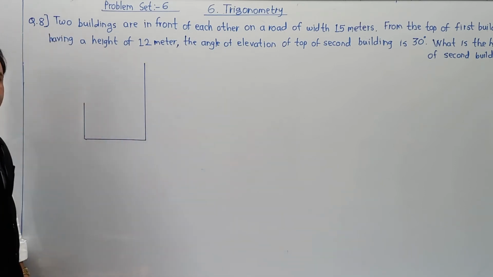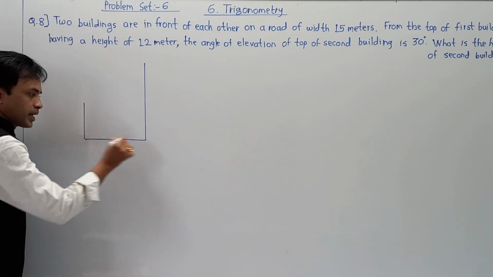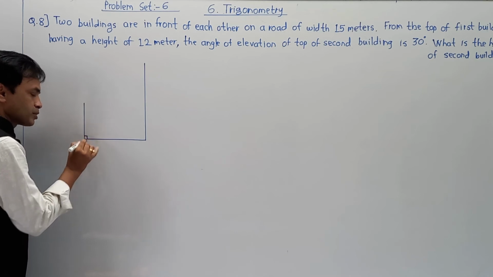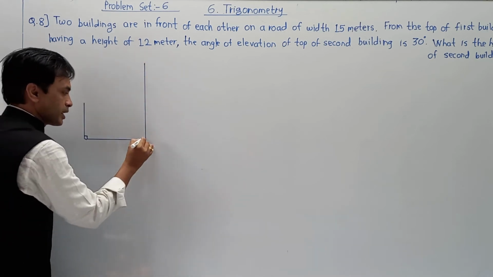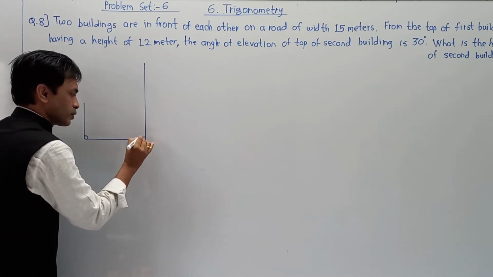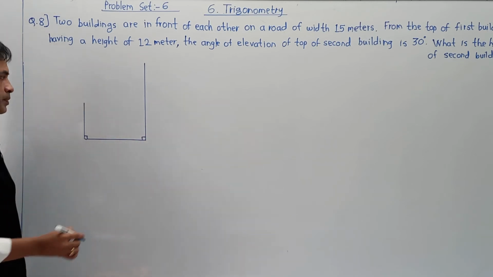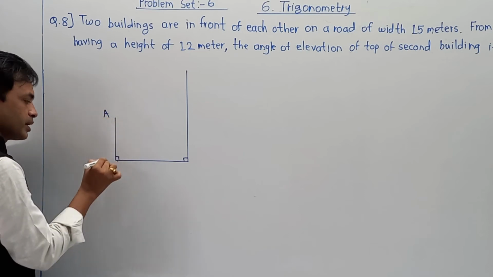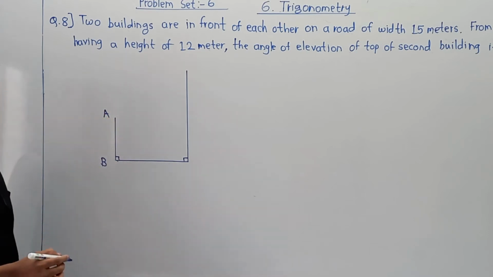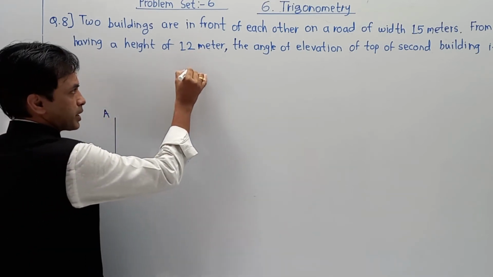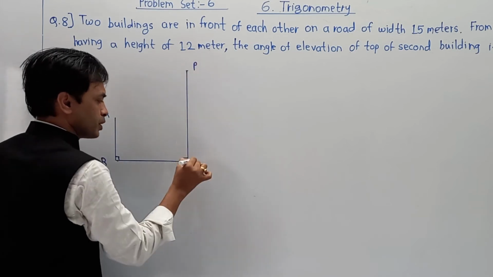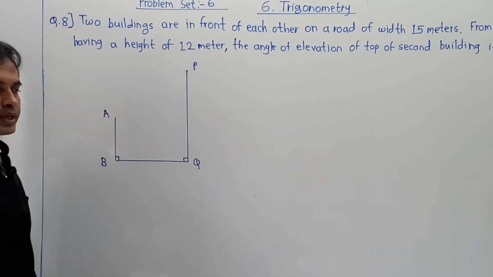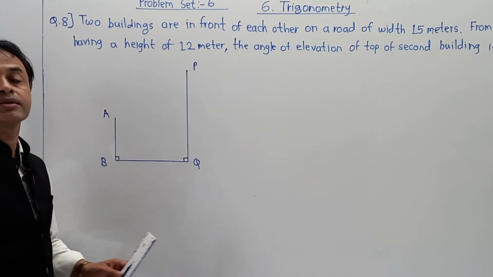The main part is that the first building and the road must make a 90 degree angle, and the second building and the road must also make a 90 degree angle. Let us say for this diagram, AB is the height of the first building, and for the second building, PQ is its height. Naturally, BQ is the width of the road.